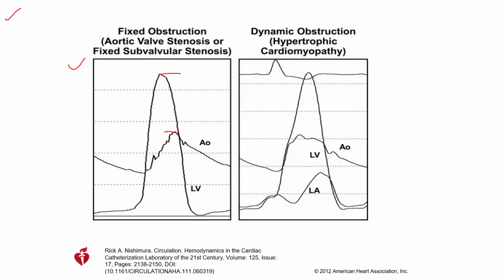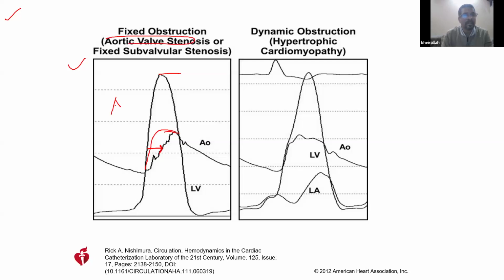And also I have what? Tardus. Tardus meaning the pulse comes late. It's supposed to rise here like this. Now, pulsus tardus is a sign of fixed aortic stenosis. So this is aortic stenosis.